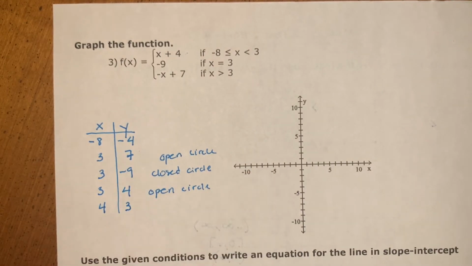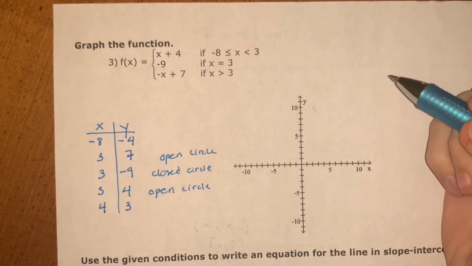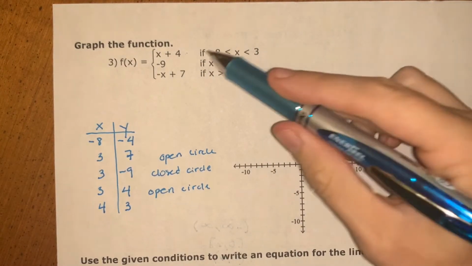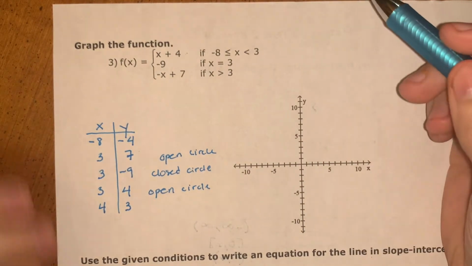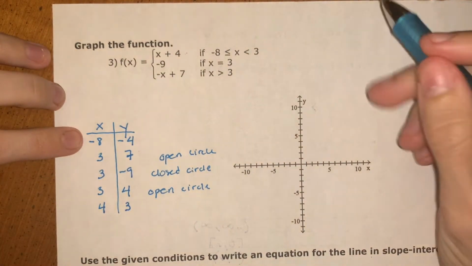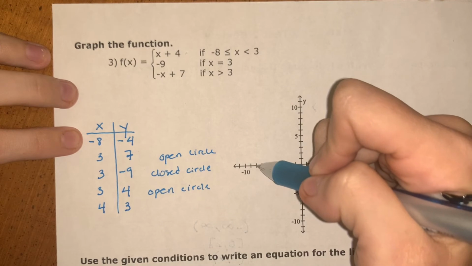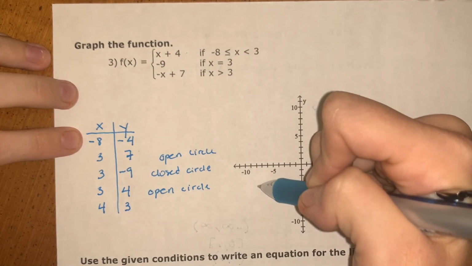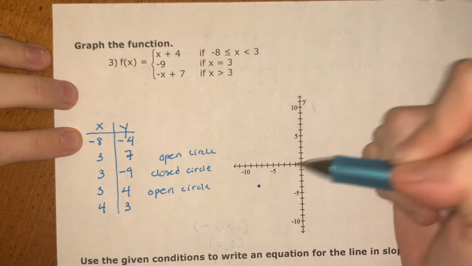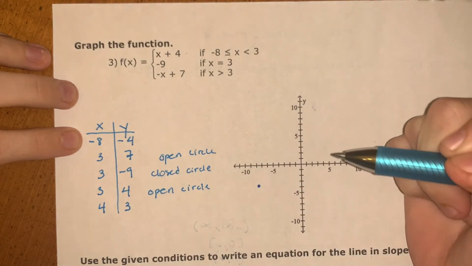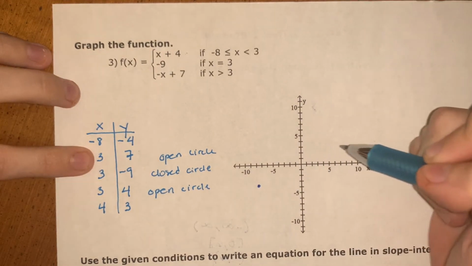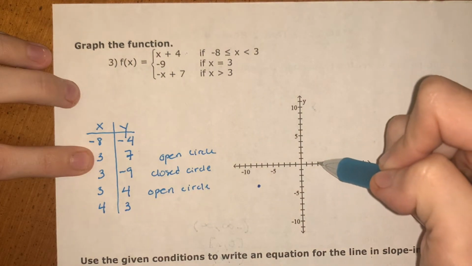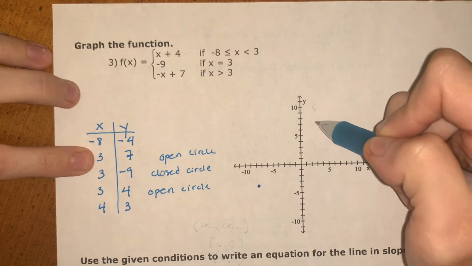So now that I got my points, I'm going to graph each segment of this piecewise function. So negative 8, negative 4, that's going to go, here's negative 8 and down to negative 4, so that's right about here. All right, 3, 7. So here's 3, I'm going to go up 7.